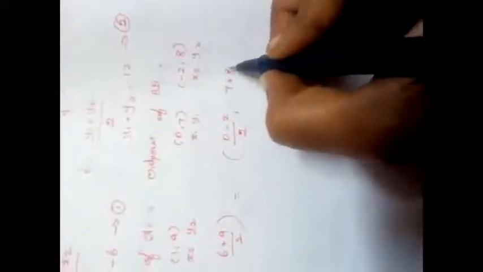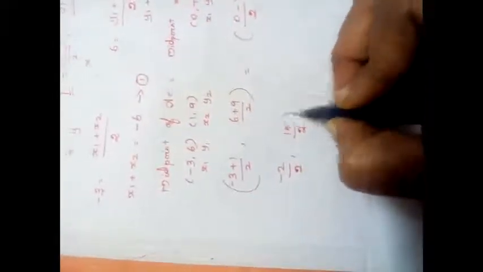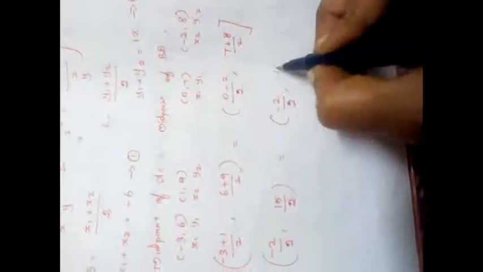Apply the formula directly. The midpoint formula is x1 plus x2 by 2. It means minus 3 plus 1 by 2, 6 plus 9 by 2, is equal to 0 minus 2 by 2, 7 plus 8 by 2, which is minus 2 by 2, 15 by 2, is equal to minus 2 by 2, 15 by 2.